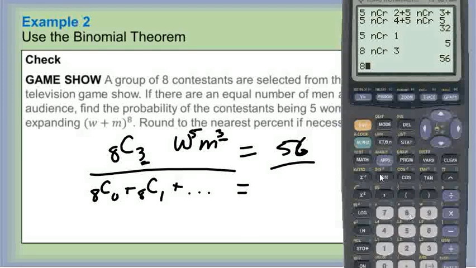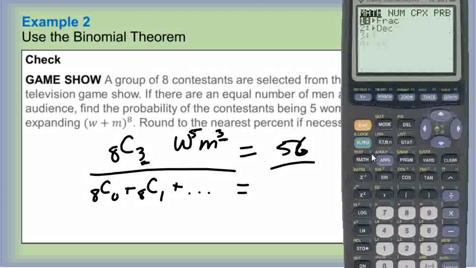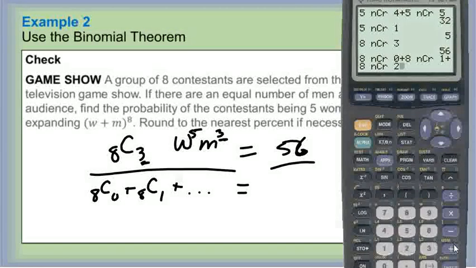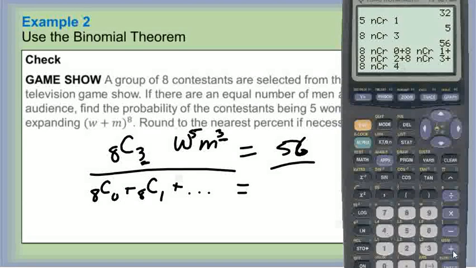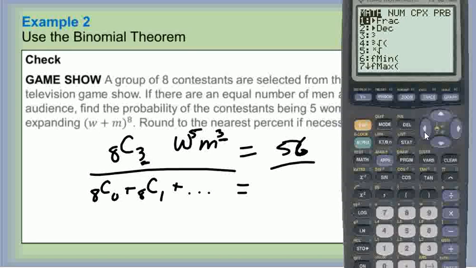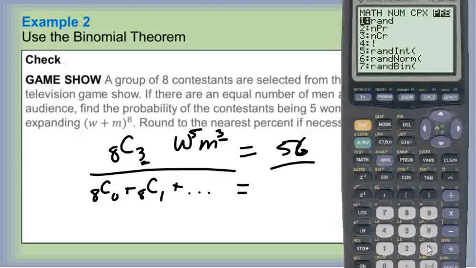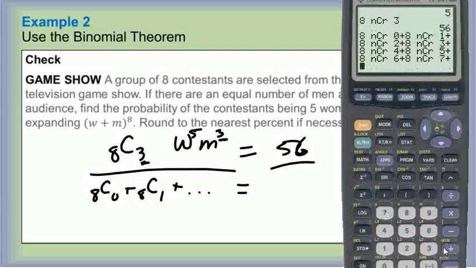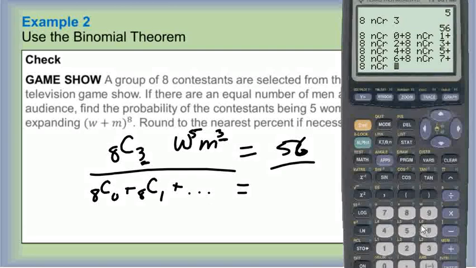So we got 8 math choose 0 plus 8 math choose 1 plus 8 math choose 2 plus 8 math choose 3 plus 8 math choose 4 plus 8 math choose 5 plus 8 math choose 6 plus 8 math choose 7, and we had 7, so now we have 8.